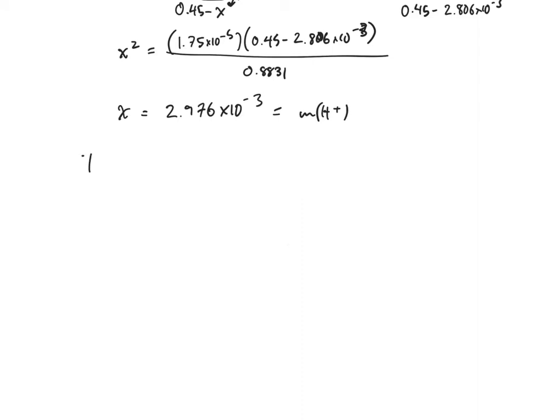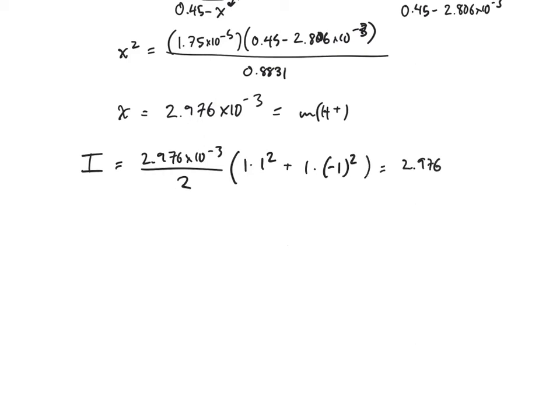Okay, let's calculate the ionic strength. 2.976 times 10 to the negative 3 divided by 2. And again, we get 1 times 1 squared plus 1 times negative 1 squared. And this just gives us the concentration as the ionic strength back again.